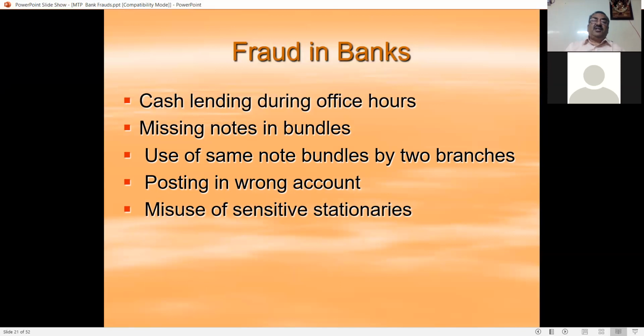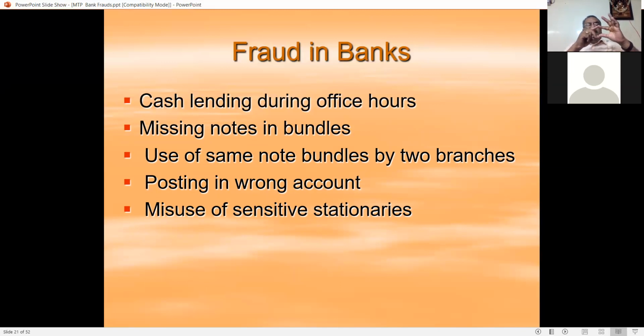And misuse of sensitive stationery. What is stationery? Unissued stationery. Sometimes in one of the banks, they removed a DD from the middle of the DD book and encashed it. I found that in my audit, because when you see the book, it should be intact. If you remove one paper from the middle, there will be some folding you can find.